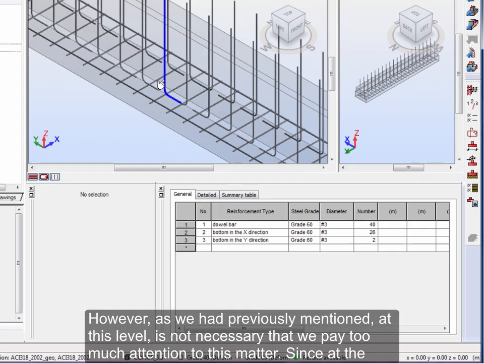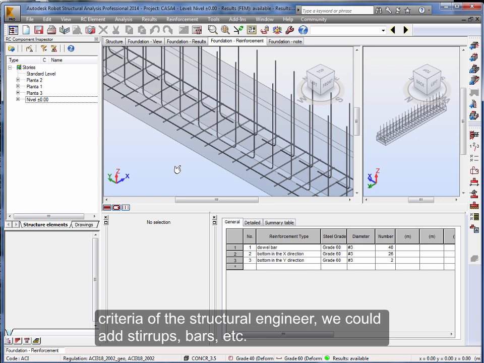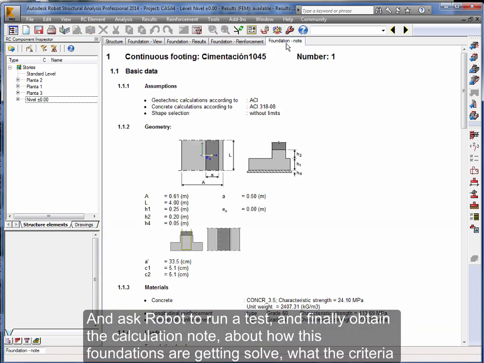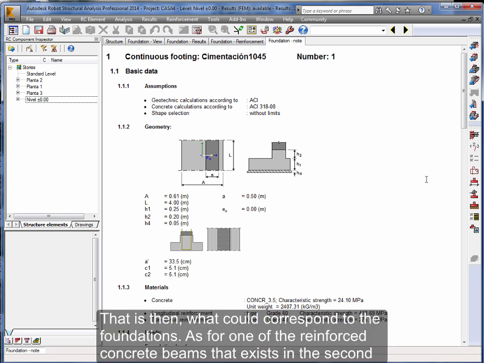However, as we had previously mentioned, at this level it is not necessary that we pay too much attention to this matter. Since at the criteria of the structural engineer, we could add stirrups, bars, etc. and ask Robot to run a test, and finally obtain the calculation note about how these foundations are getting solved, what the criteria was, the stresses and the graphs that are being followed. That is then what could correspond to the foundations.